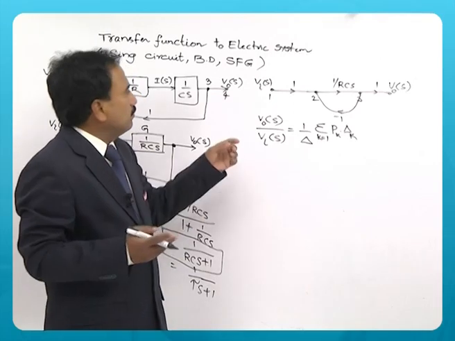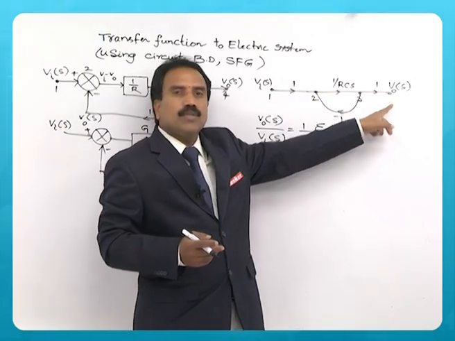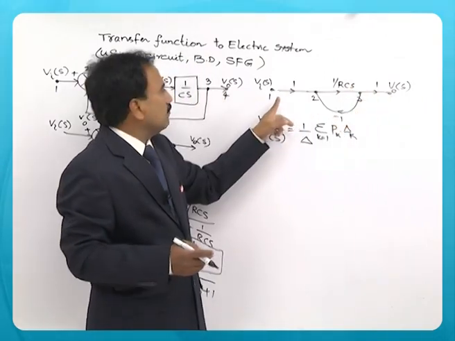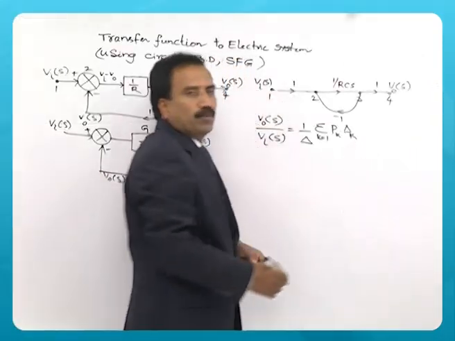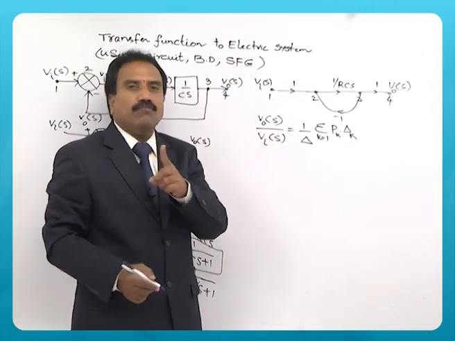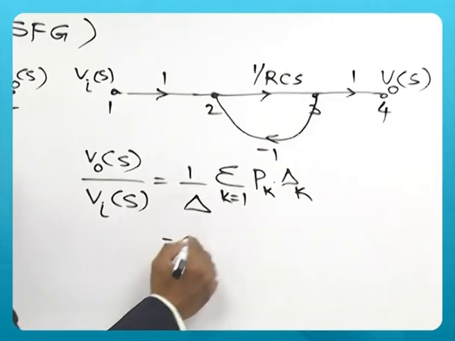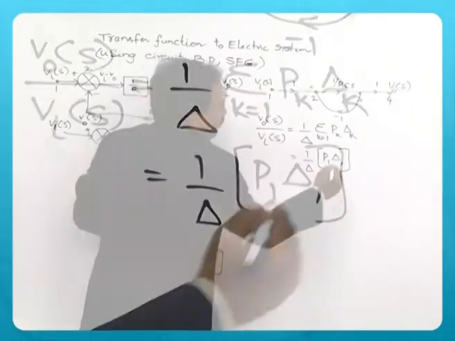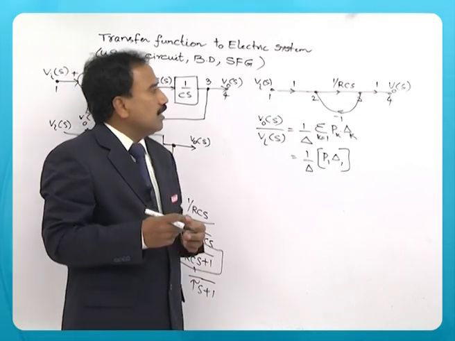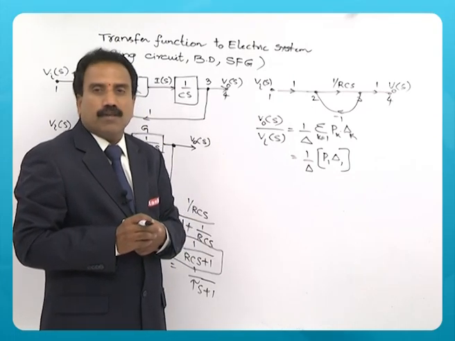Forward path is nothing but path connecting the input and output. So look at here, the forward path is this. Path travels from node 1, 2, 3 and then 4. So the only one forward path exists between input and output. So I can write this formula as 1 by delta into P1 delta 1. It depends on how many forward paths exist in the given signal flow graph.